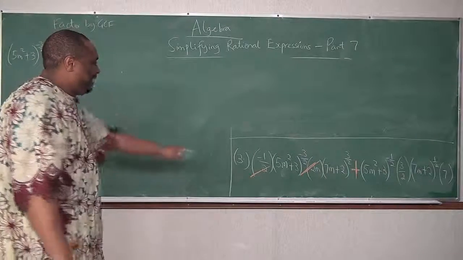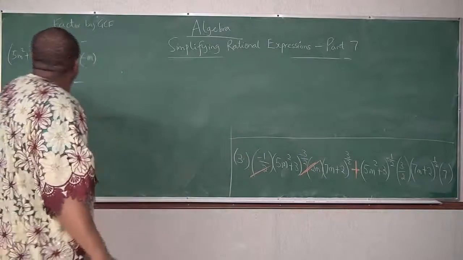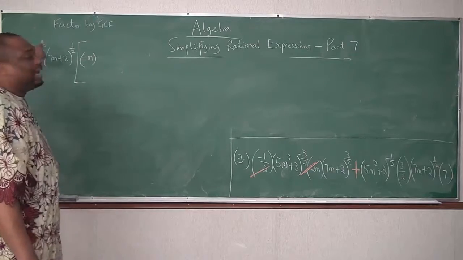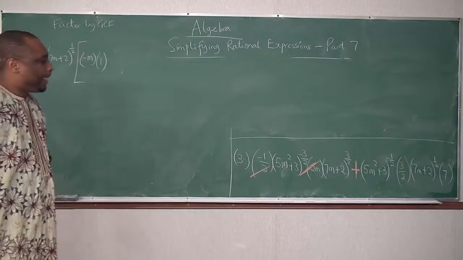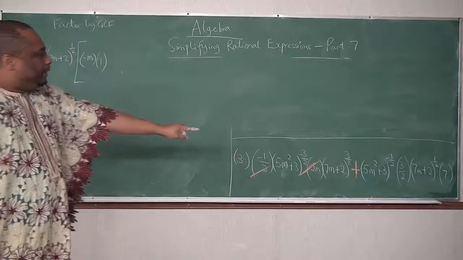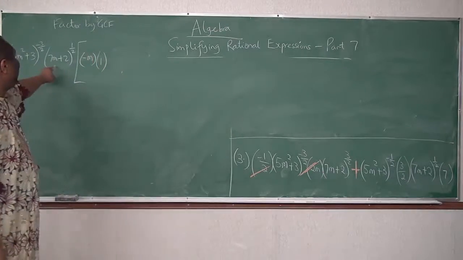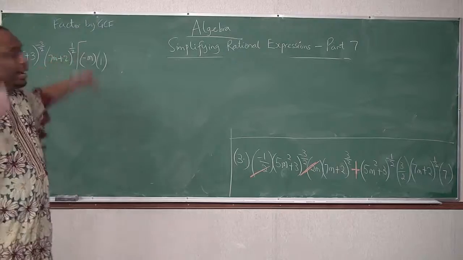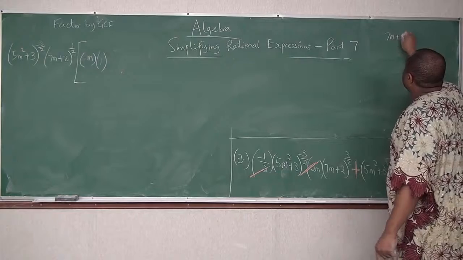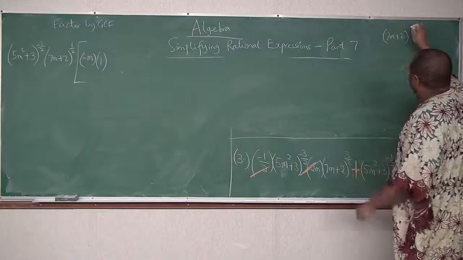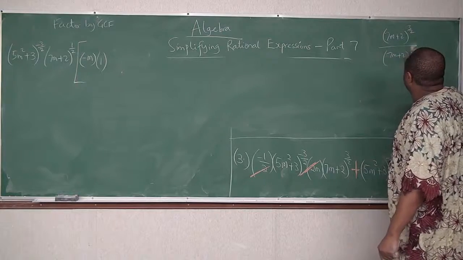Then 5m squared plus 3 exponent negative 3 over 2 divided by 5m squared plus 3 exponent negative 3 over 2 is 1. Right? And 7m plus 2 exponent 3 over 2 divided by 7m plus 2 exponent 1/2.